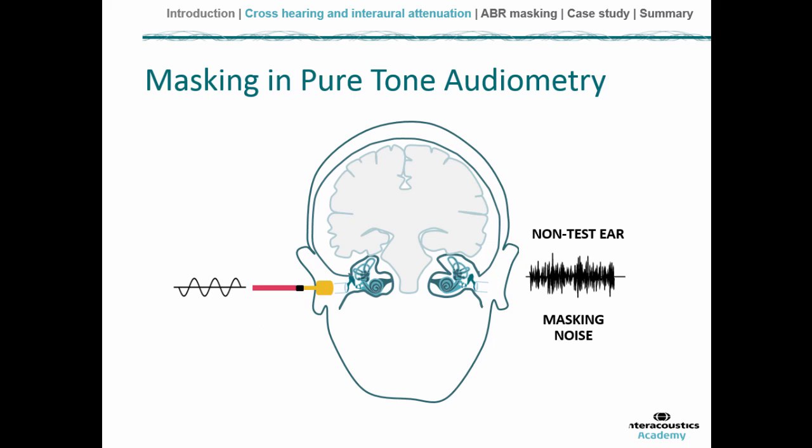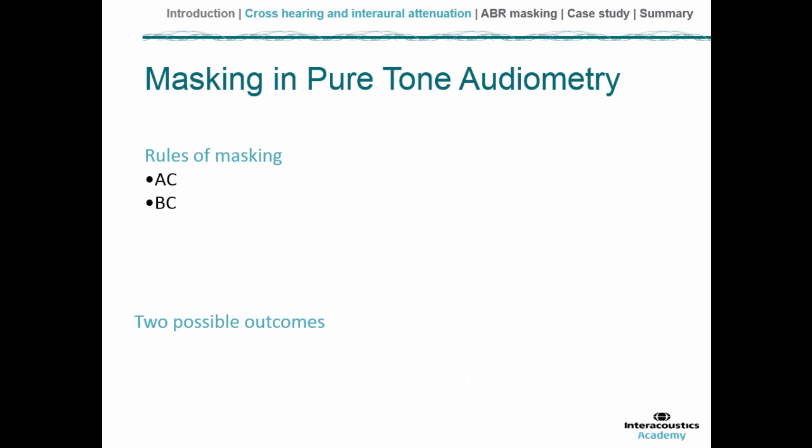So because the values of interaural attenuation differ slightly between air conduction and bone conduction, then our decision to invoke masking is slightly different, and also because of the differences in the transducer that I mentioned, for example between inserts and supraaural, the different interaural attenuation values, then the masking rules will also differ in the AC method, depending on the type of transducer that you're using.